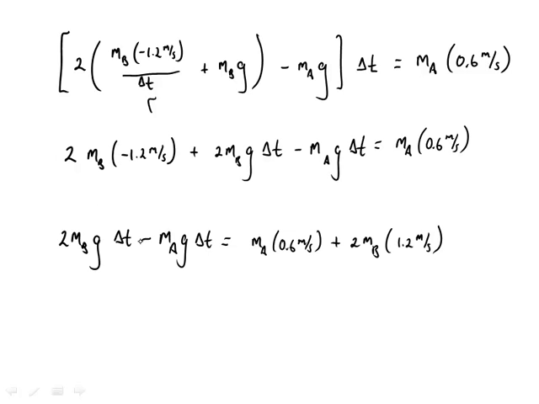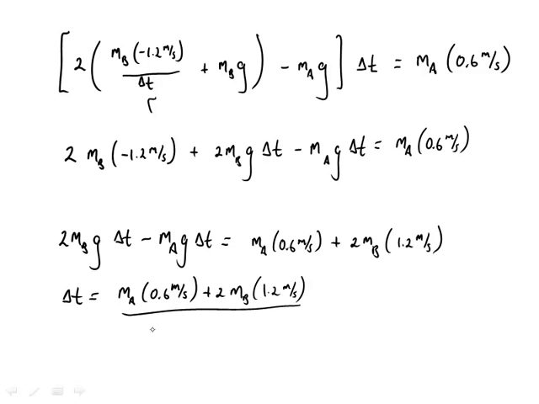I can pull the delta t out, and I'm going to get delta t equals the mass of A, 0.6 meters per second, plus 2 times the mass of B, 1.2 meters per second, all over 2 times the mass of B, g, minus the mass of A, g.